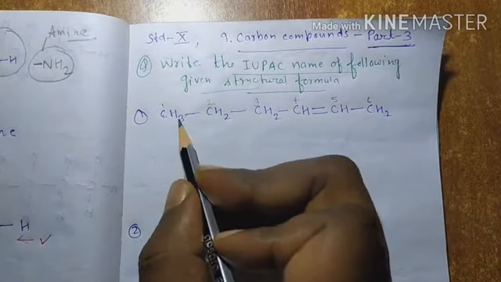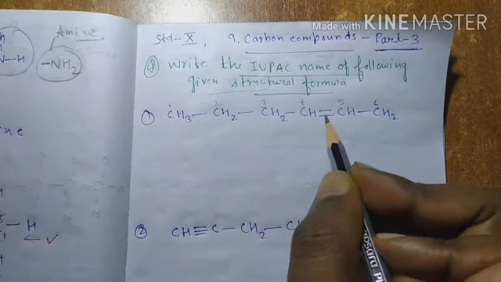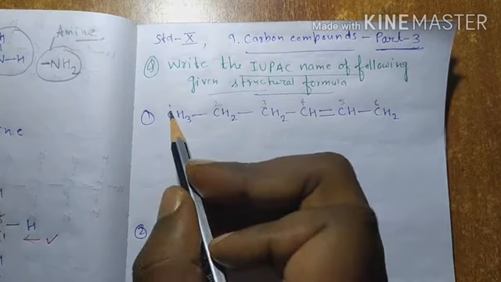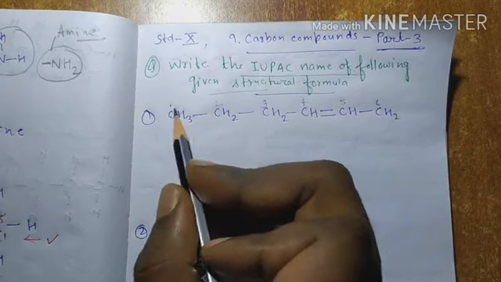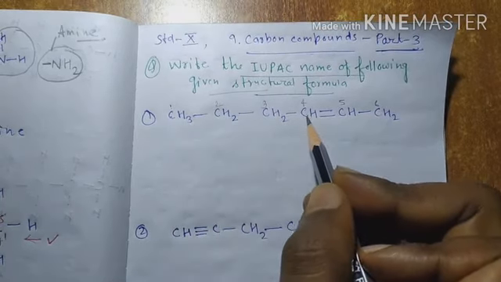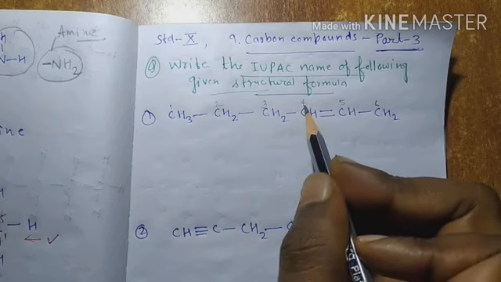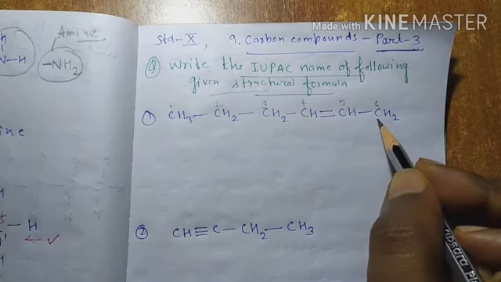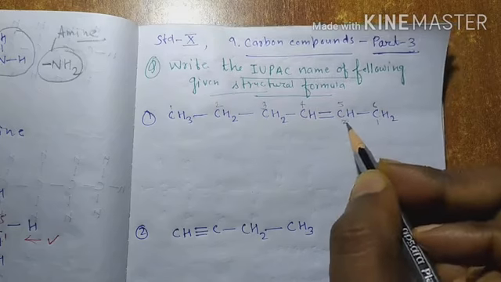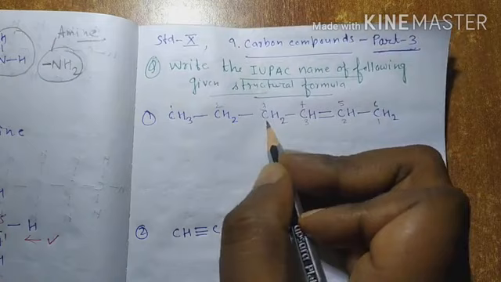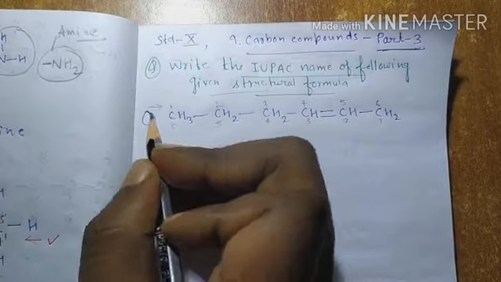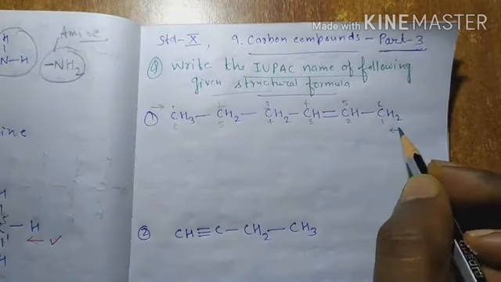So you can see here this double bond comes on the 4th carbon atom if you give the number from left hand side to right hand side. And if you give the number from this side, 1, 2, 3, 4, 5, 6, this is from left to right, and this is from right to left.